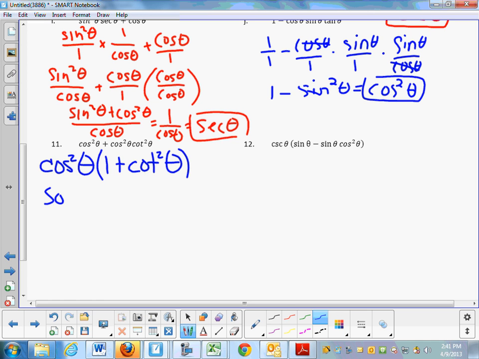So I have cosine squared of theta times cosecant squared of theta.